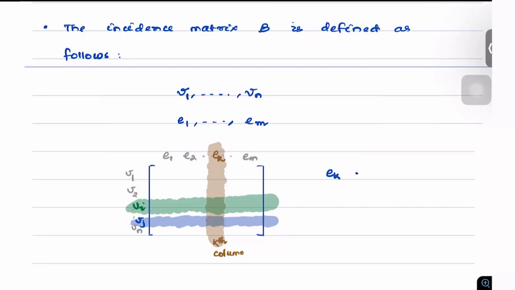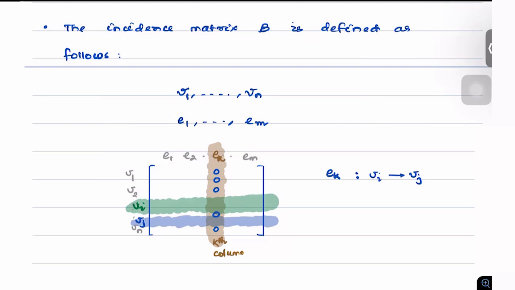So let us say our edge Ek, which is given to us, starts at Vi and ends at Vj. Then every other vertex here, other than Vi and Vj, will now have an entry equal to 0.